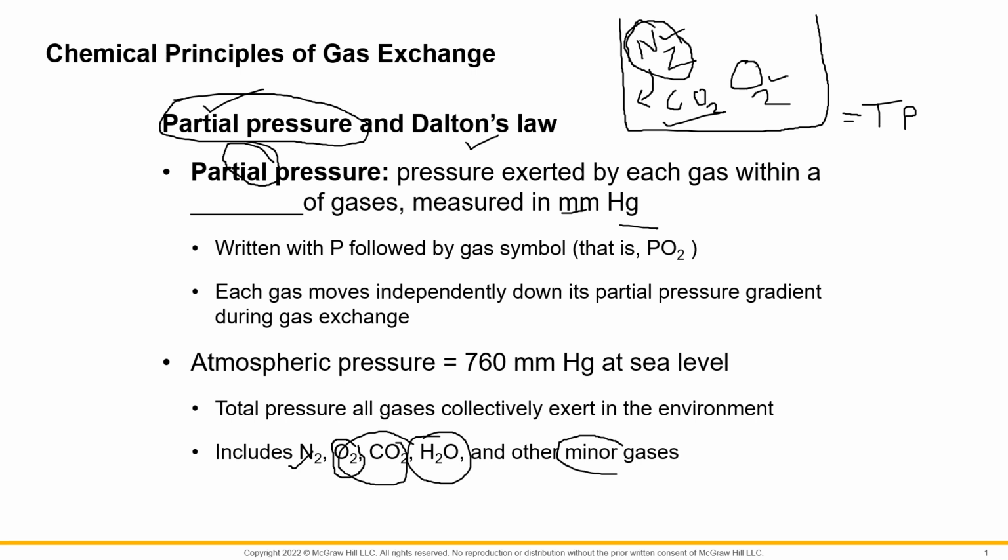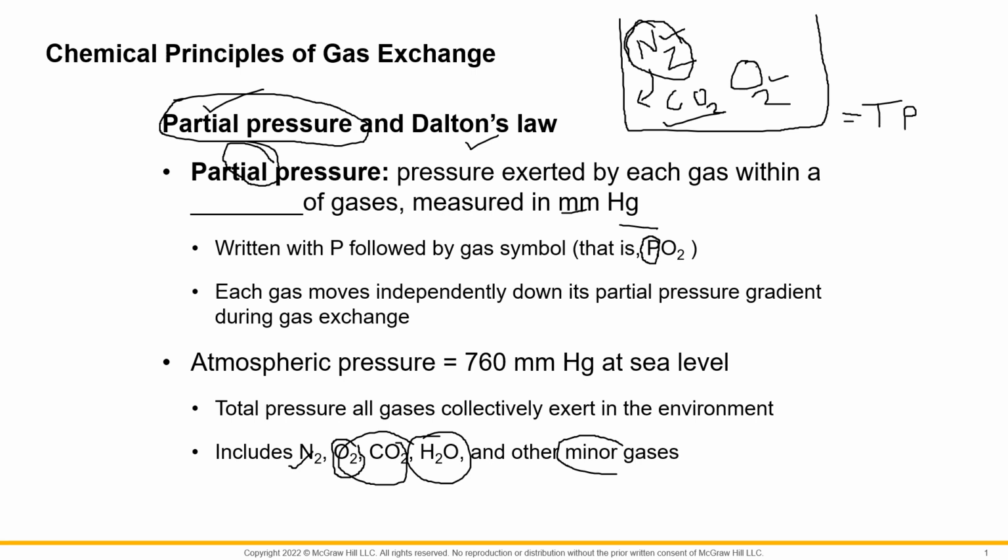So the way this is represented is that out of the total gas pressure inside a container from a mixture, partial pressure is represented with a P before the gas symbol.